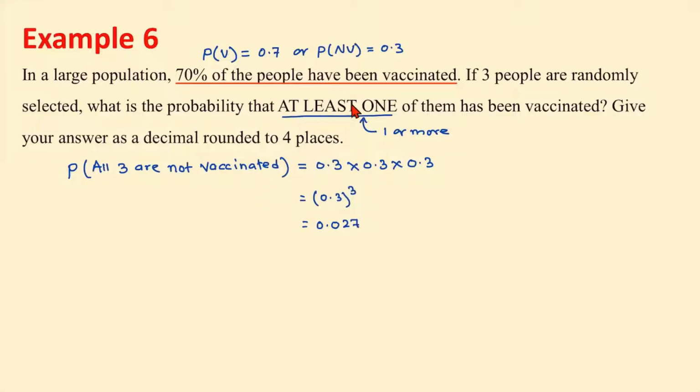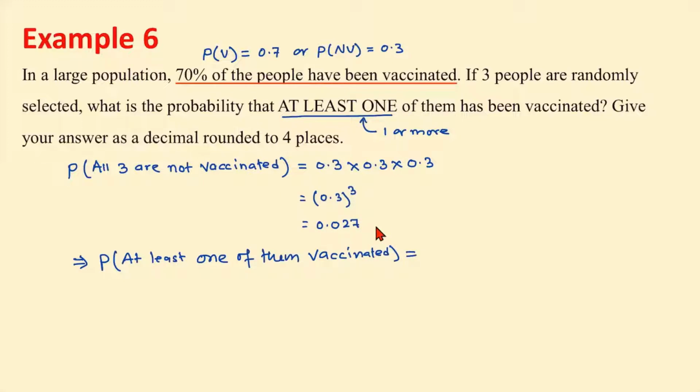But we want the probability that one or more are vaccinated, which will be the complement of this one. So this implies the probability that at least one of them has been vaccinated is the complement of all of them not vaccinated.